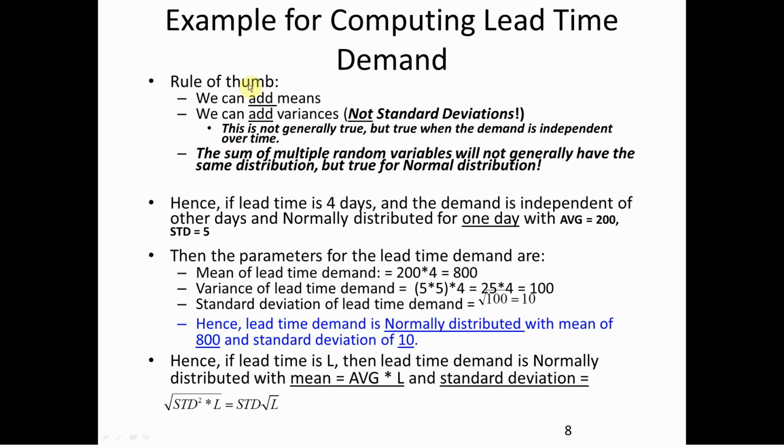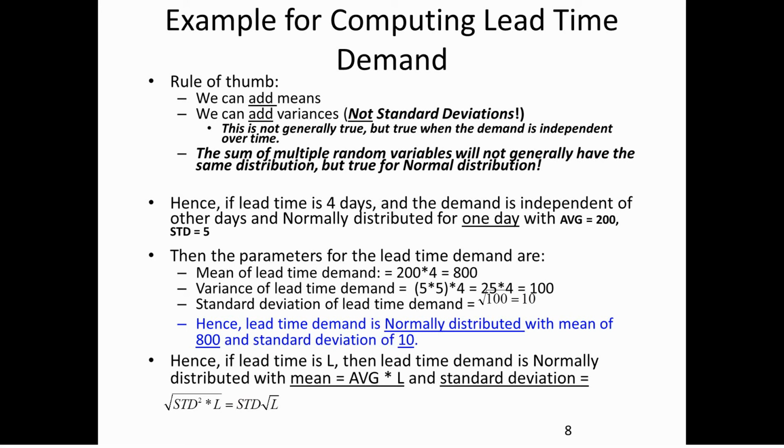In such cases, we can add the means, so we can add the average amount per day over the lead time. So if, say, it's 4 days and the average is, say, 10 units per day, then we can add 10 plus 10 plus 10 plus 10, or 40 units would be the average over the 4 days.